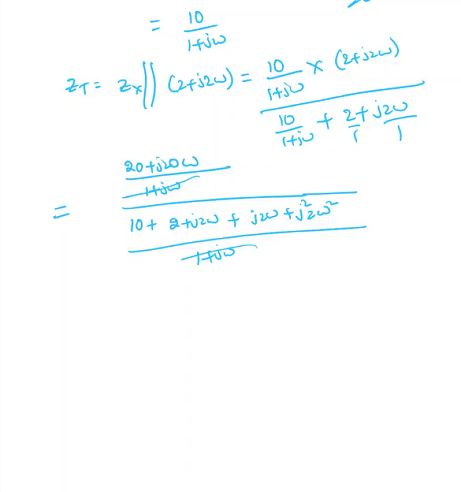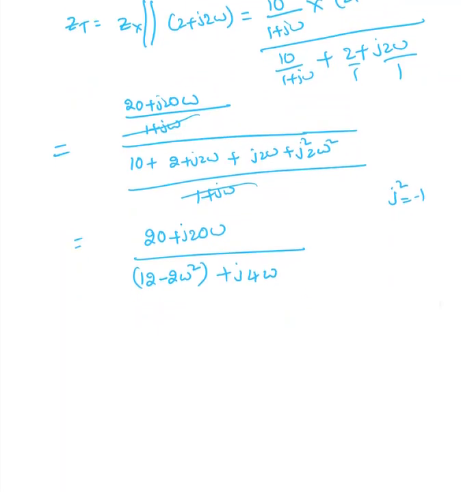So these two get cancelled out. I will end up with 20 plus j20 omega divided by, I have 10 plus 2, 12. So j square is nothing but minus 1. So I have 12 minus 2 omega square. That's the real part, and for the imaginary part I have plus j4 omega.